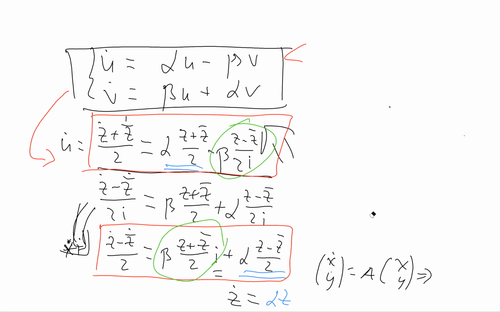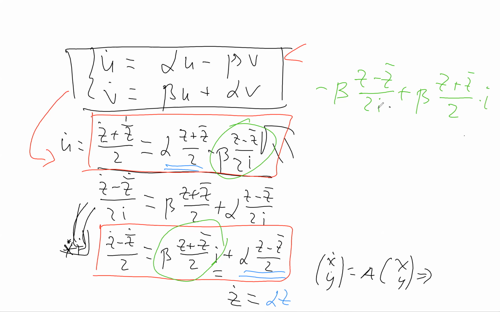So what I want to do is check this. We have minus beta times z minus z conjugate over 2i plus beta times z plus z conjugate divided by 2 and times i.